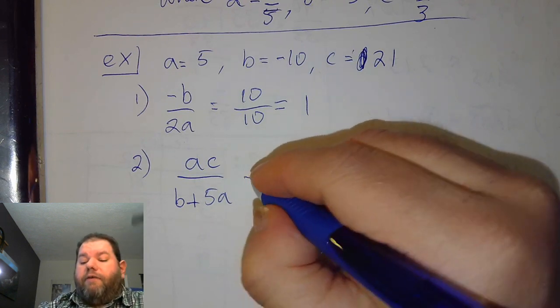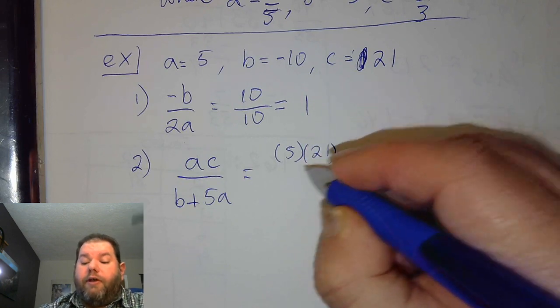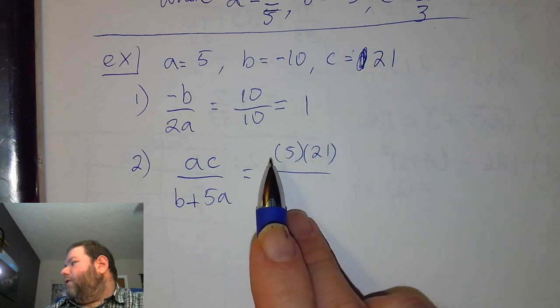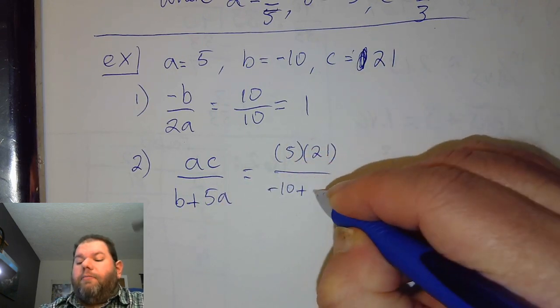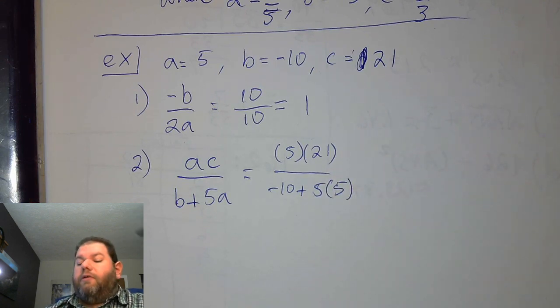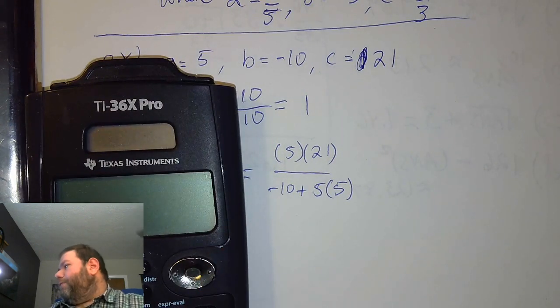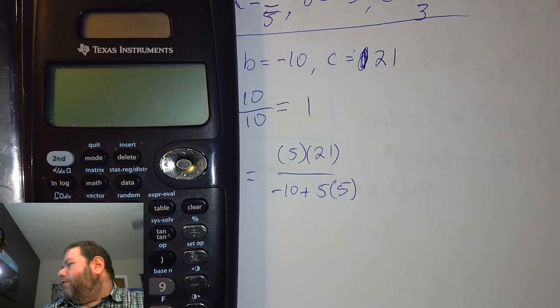We know that we're going to have 5 times 21 on top, A times C, and then B is negative 10 plus 5 times A, which itself is 5. Okay. So we get everything plugged in properly. Now we can go to the calculator and do our calculation.